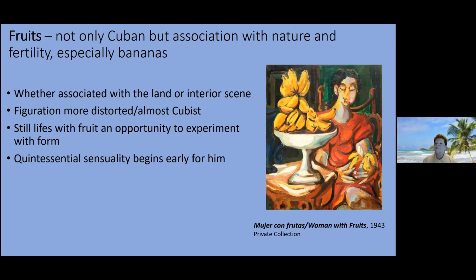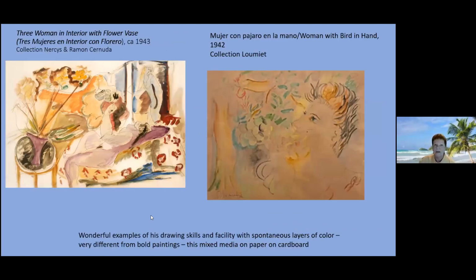He likes playing with fruit, as we're going to see in a few minutes, because as with all artists, they see the still life as an opportunity to experiment with form. So this quintessential sensuality that begins early for him is able to transcend the different stylistic categories of his work as he goes through the years.